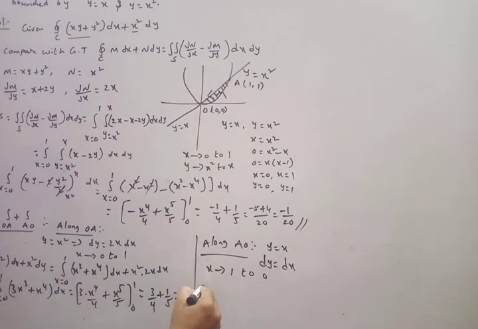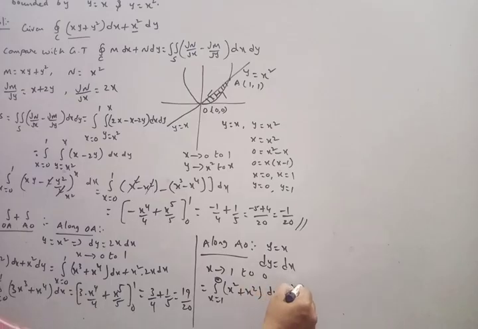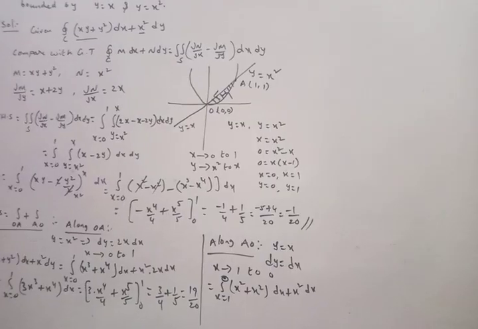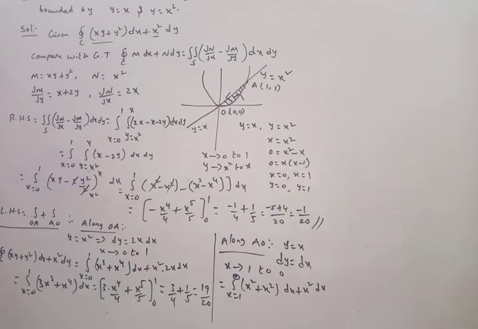So substitute here. So this is equal to integral x is equal to 1 to 0. In place of y we have to write x. So I get x square plus x square into dx plus x square dy, which is dx. So take dx common, so we get 3x square dx.